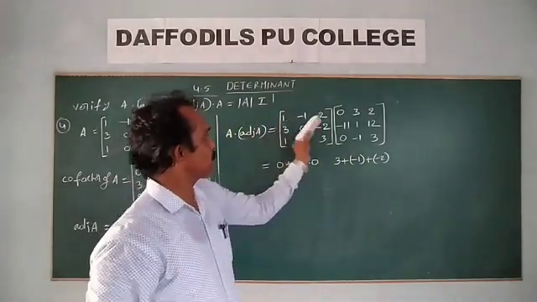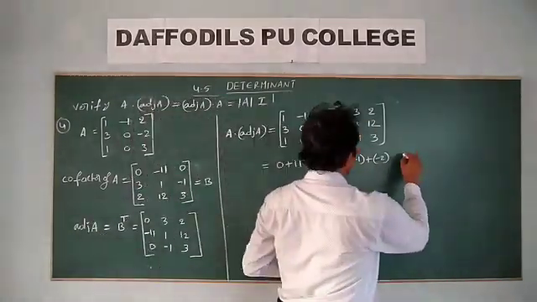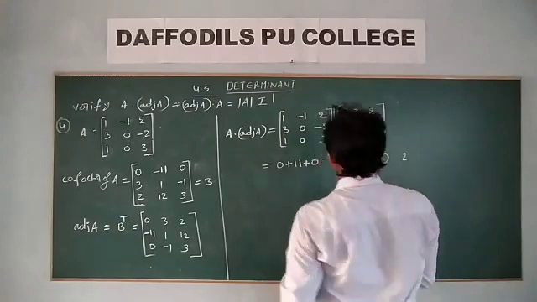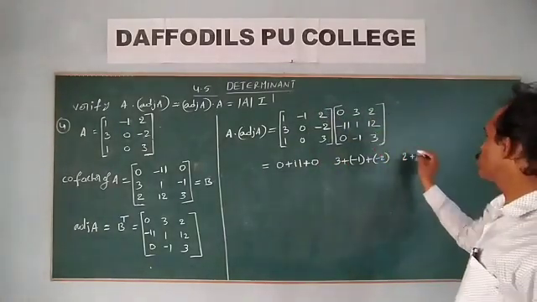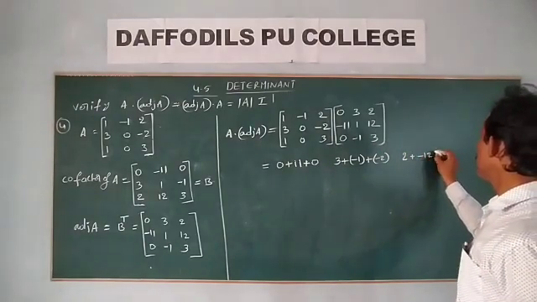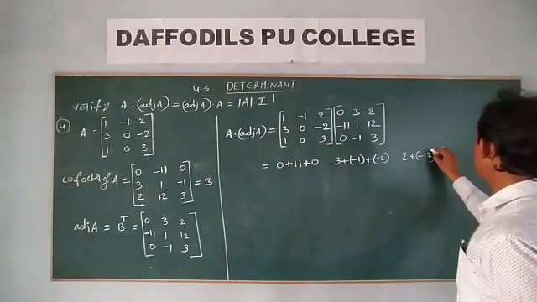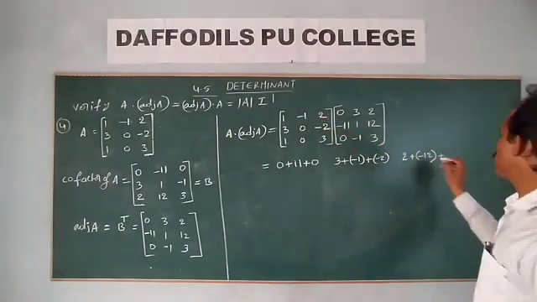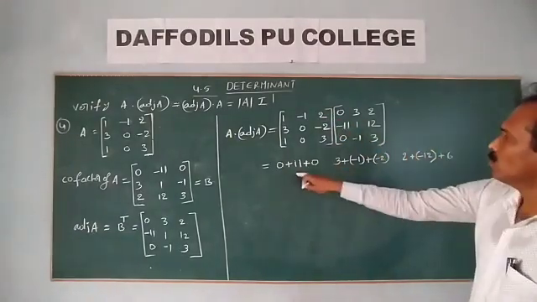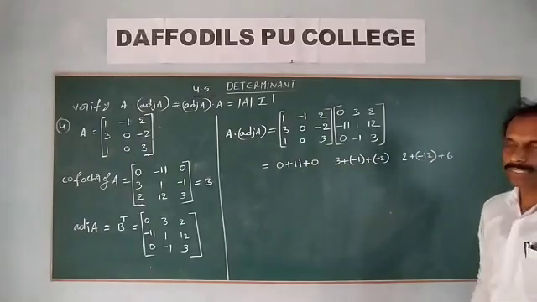First row, third column: 1 into 2, 2, minus 1 into 12, minus 12, plus 2 into 3, 6.